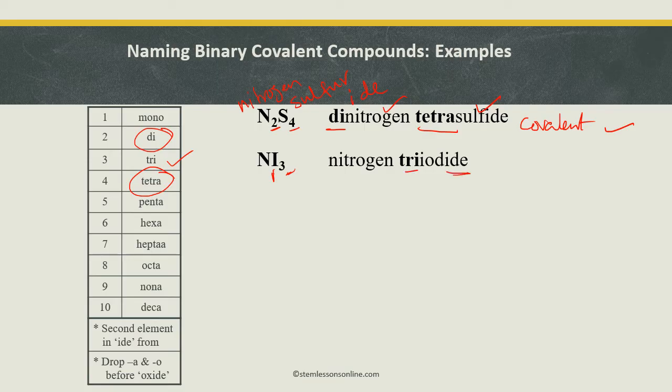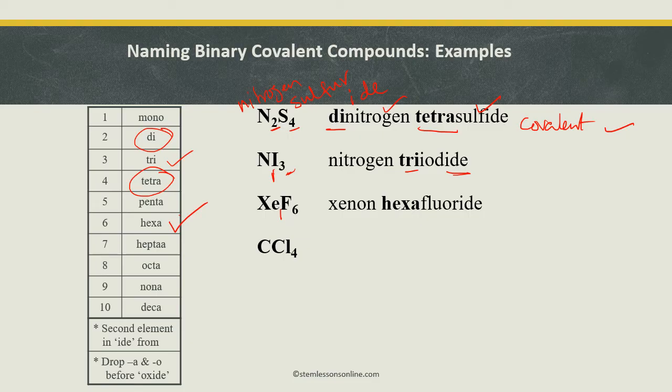Okay, let's take another example, that is XeF6. Again, Xe is only one here, so I don't have to write mono, I just write xenon. And how many fluorine are here? 6, so I have to put hexa here, and the name will end in what? IDE, so the name will be xenon hexafluoride.